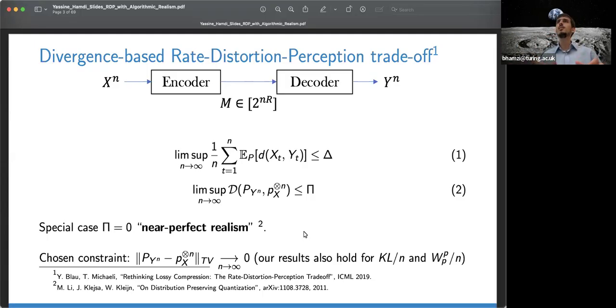And what I will look at in this talk is a source, X^n, where X^n just means a sequence of length n. So it's a discrete sequence of length n, and it's going to be IID from a certain distribution. And why consider IID?